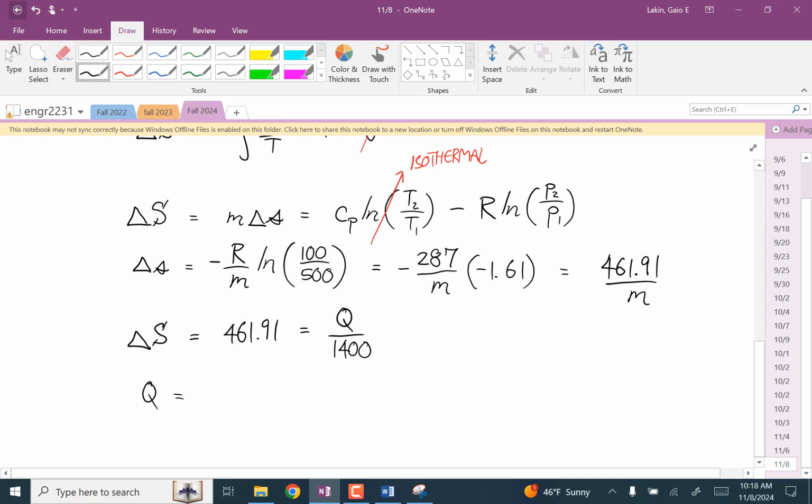This here is our integral of delta Q over T. And so Q is equal to 646,676 joules.